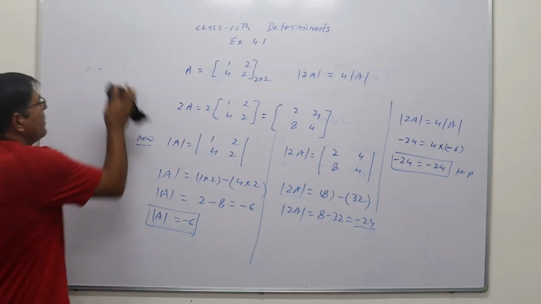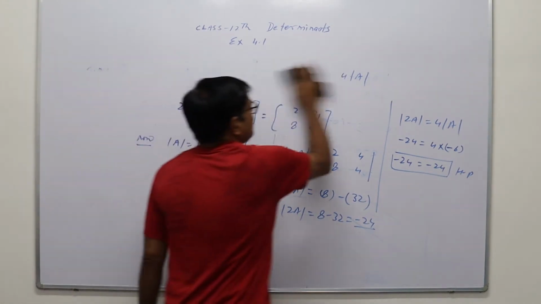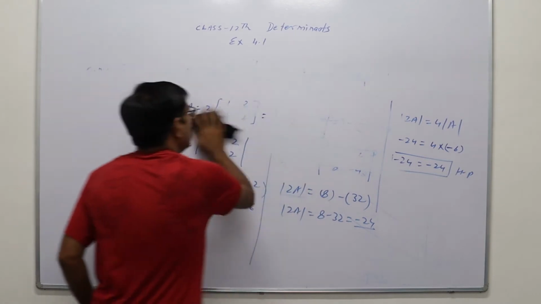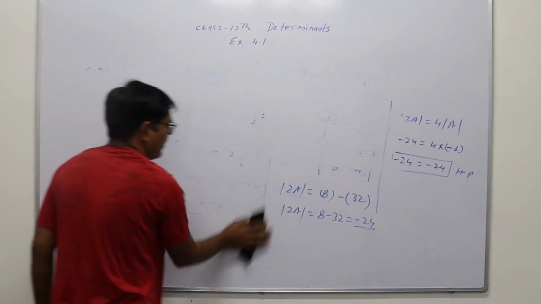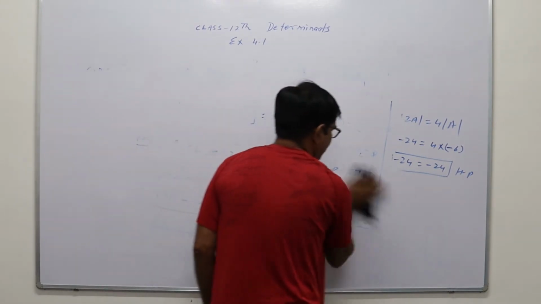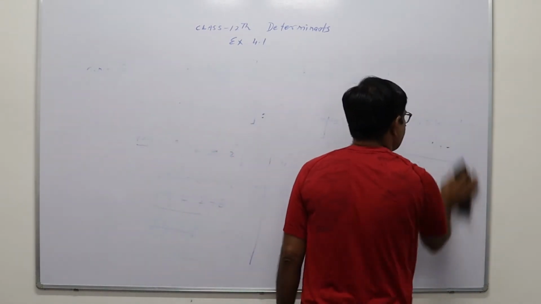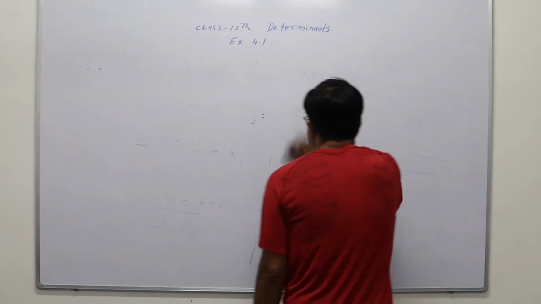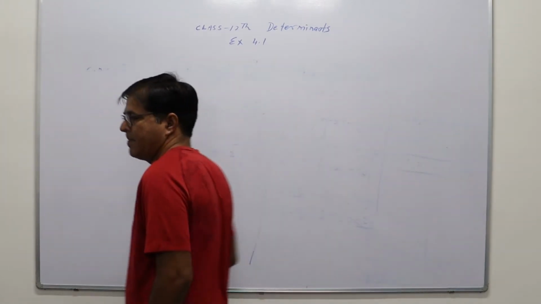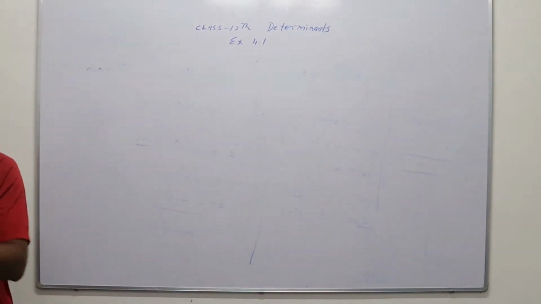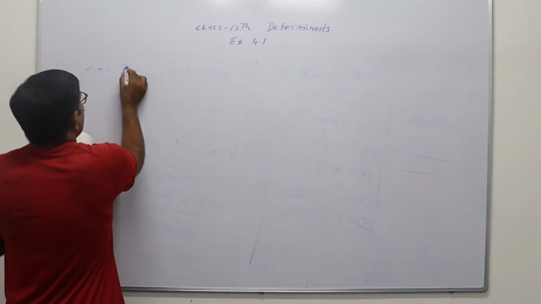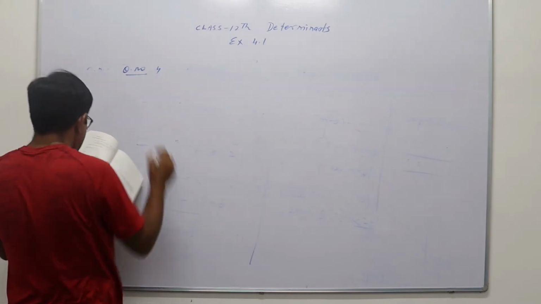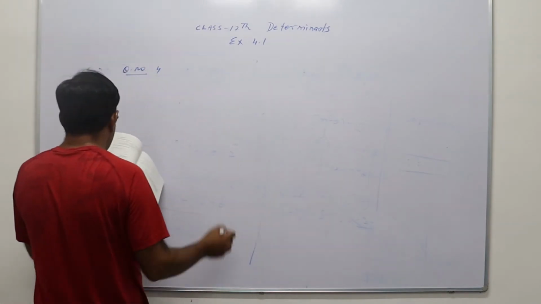Then next question. Question number 4. A matrix is given of order 3 cross 3.